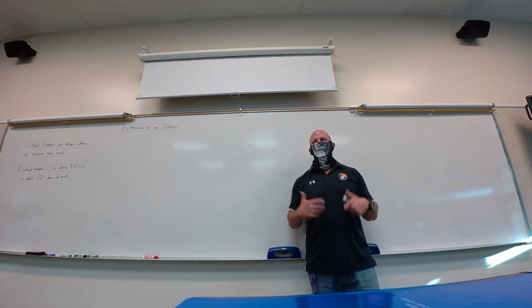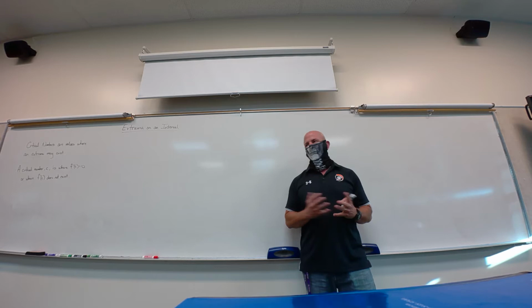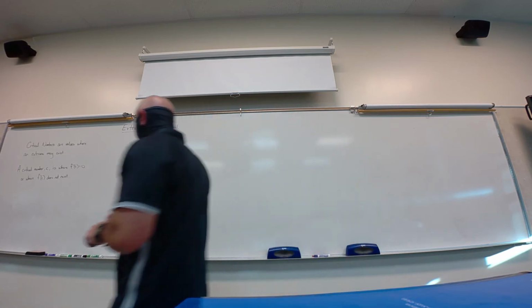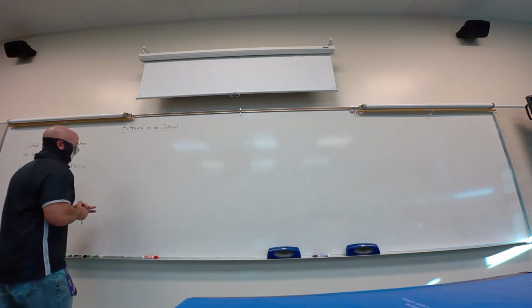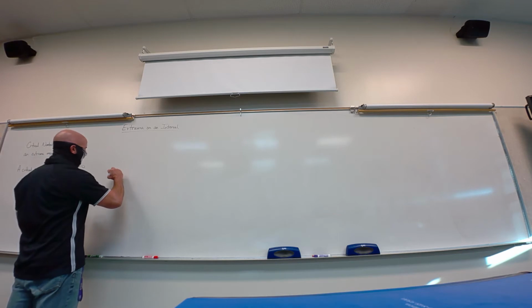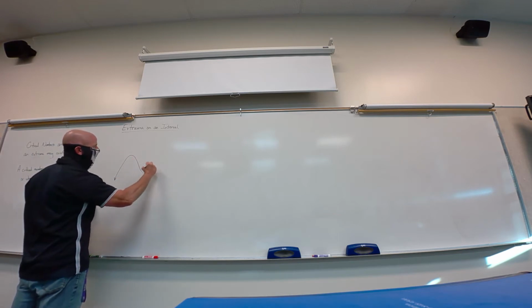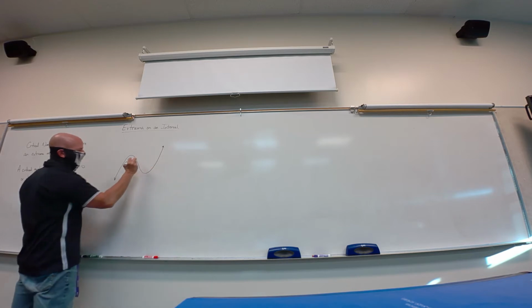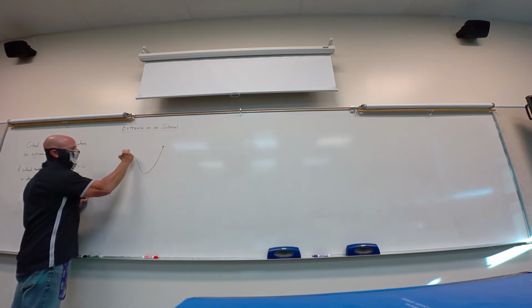Extreme values on an interval are things that you've seen before. If I just draw some random graph here, we would say that this is what we call a relative max.